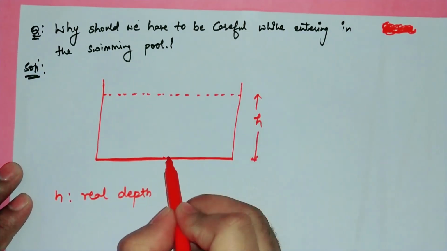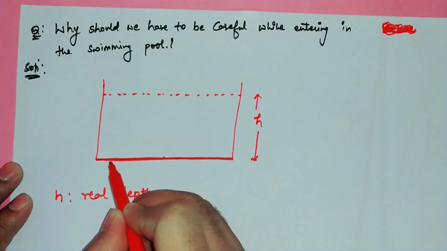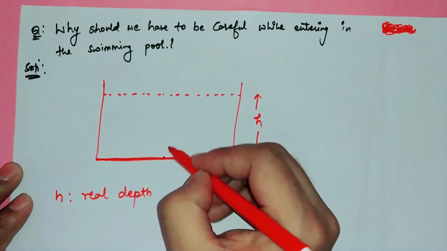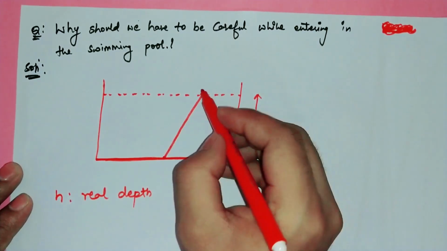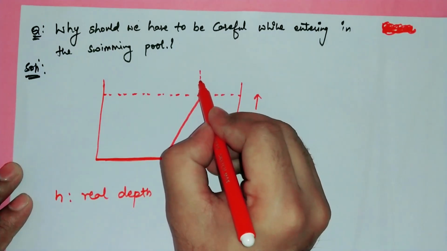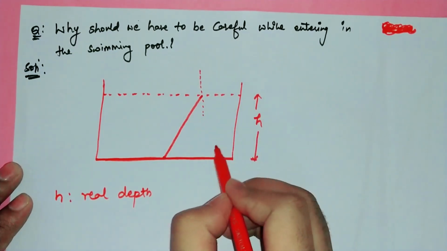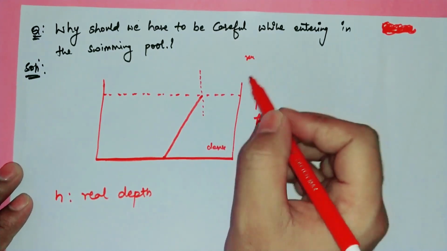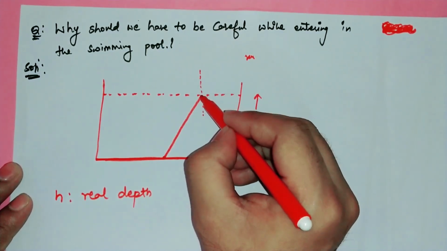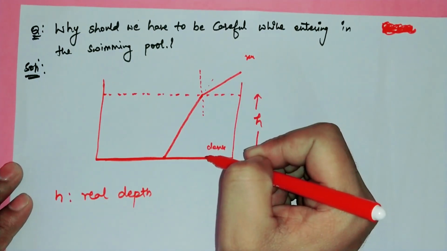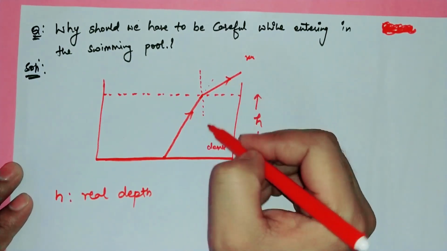To form the image of this point, we have two rays, one like this. At the interface we can draw the normal, and since water is denser and air is rarer, light will bend away from the normal. So it should go like this, but it will bend away from the normal.